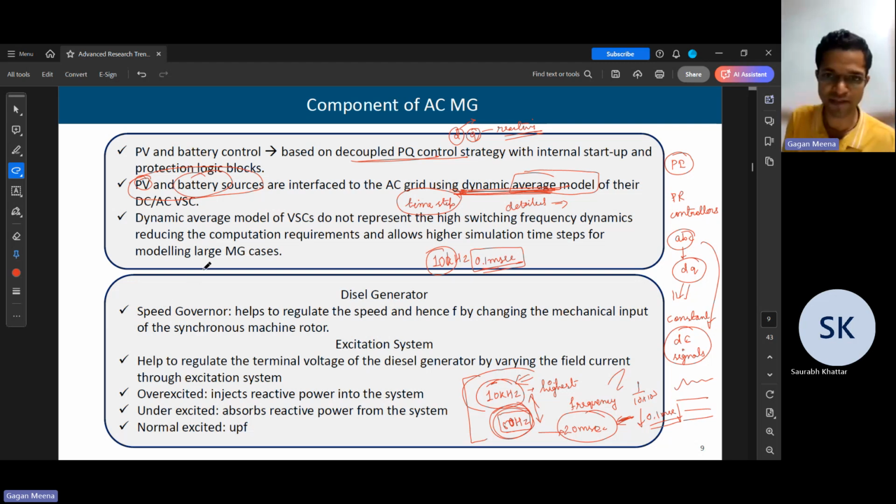But if we specifically want to see the switching transients, then we need to go for the detailed model. Is it clear? Dynamic average models do not represent high switching frequency dynamics, reducing the computational requirement and allowing a higher simulation time step. The same thing which I was telling.